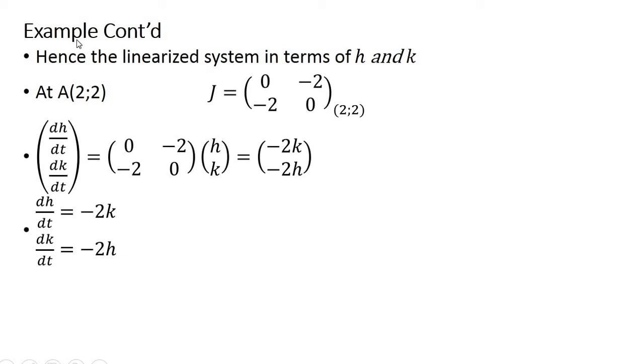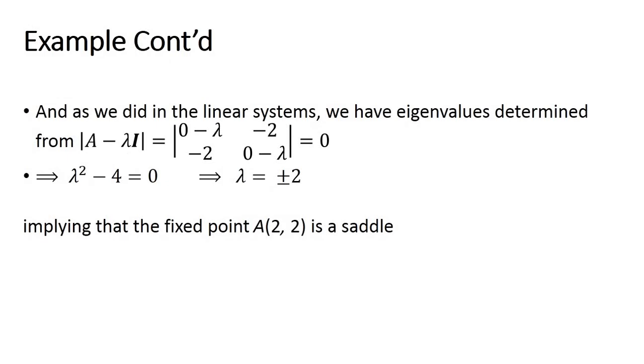So these are our two linear systems. If we have managed to come up with a linear system, that's when we can determine the stability of the system.